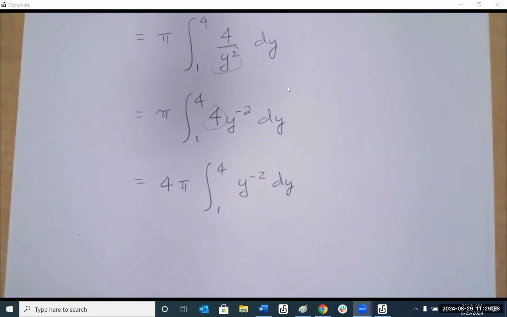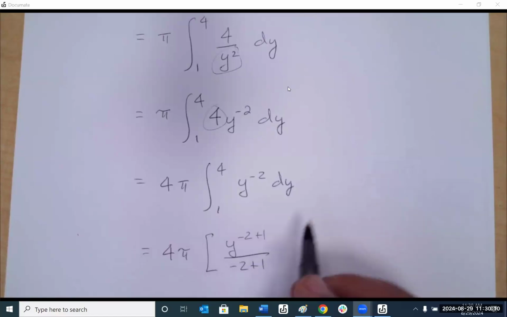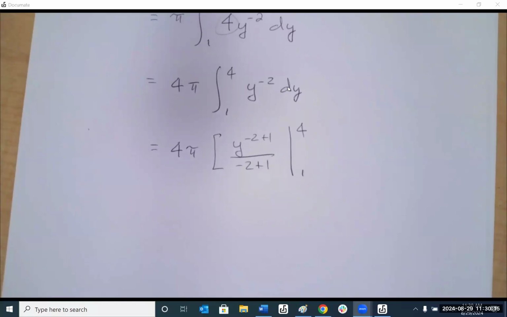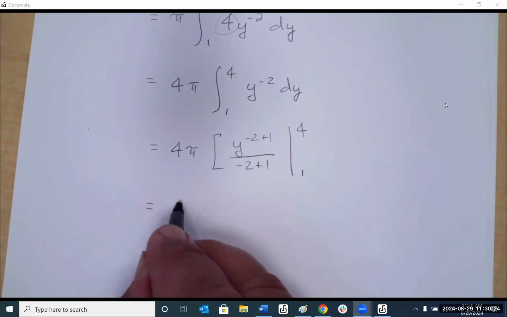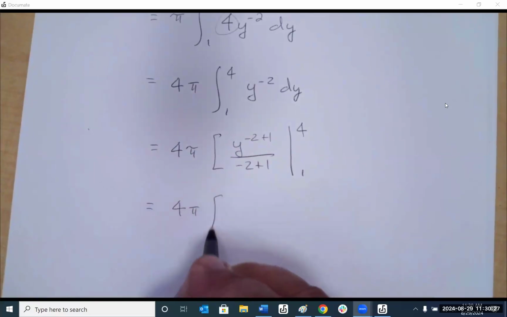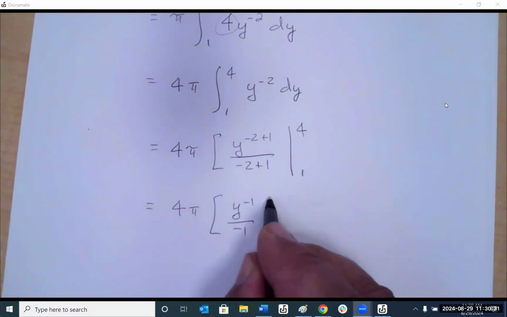Now we integrate. -2 plus 1 over -2 plus 1 from 1 to 4. -1 over -1.